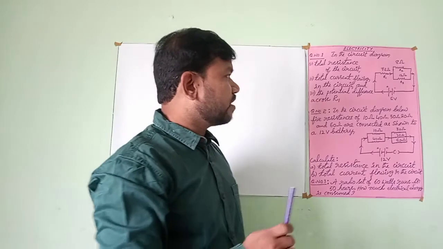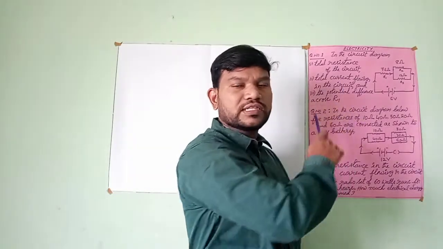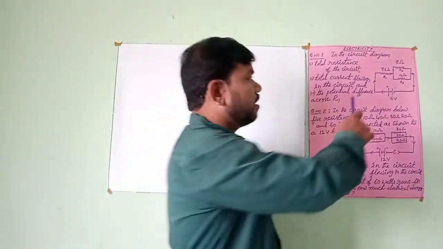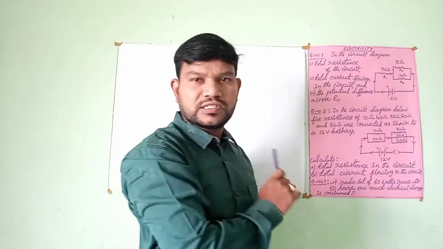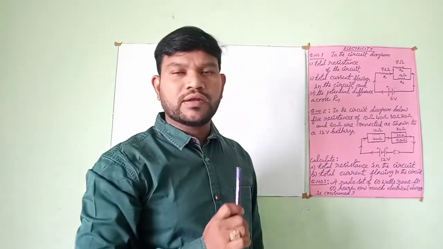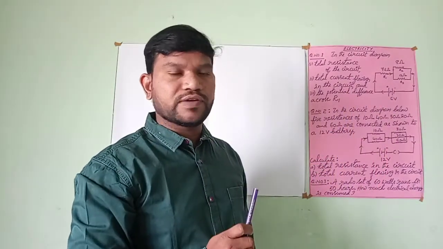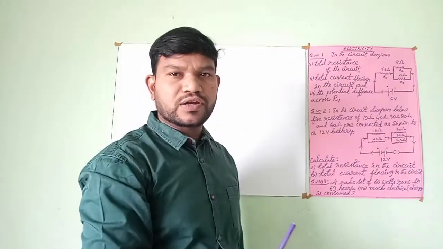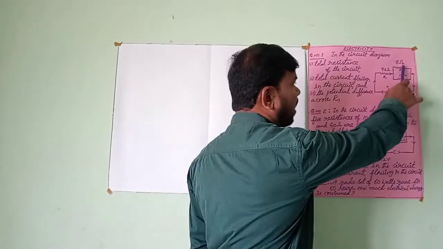Here first we have to see whether the resistances are connected in series or parallel. All three resistances are not in series, and all three are not in parallel. We need to identify that. Here R2 and R3 are in parallel connection.